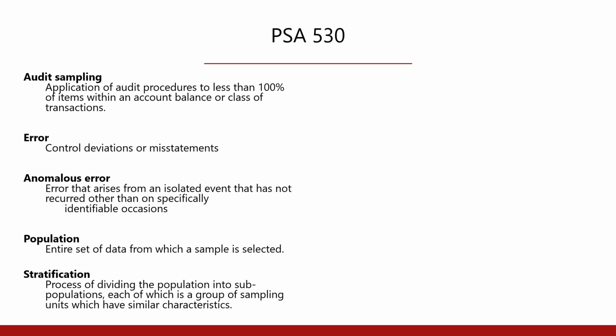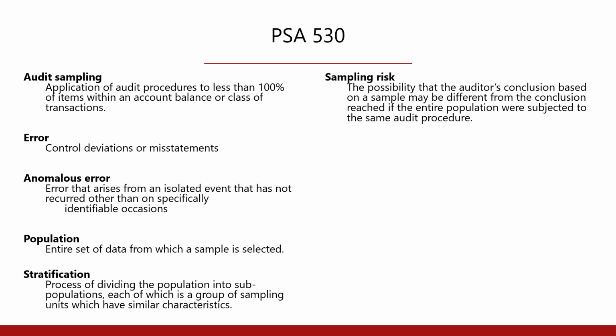So if you would notice, the grouping would involve homogeneous items or items which exhibit a similar characteristic. The process of stratification is done in order to reduce the variability of the units or items in the population. Okay, so that is stratification.